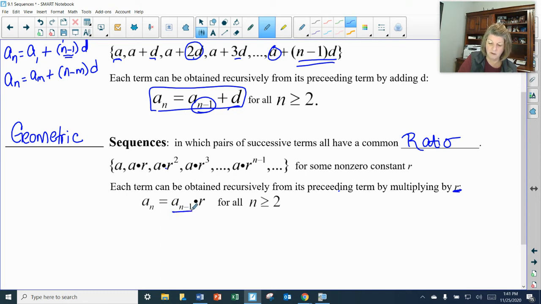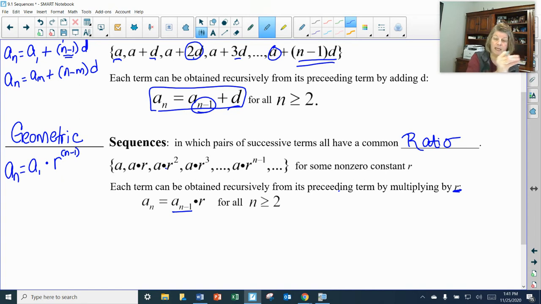So here you see using the a sub n minus 1 term, multiply by the value of the ratio. That'll get us to a sub n. A sub n can equal our a sub first term times the common ratio to the n minus 1 power.